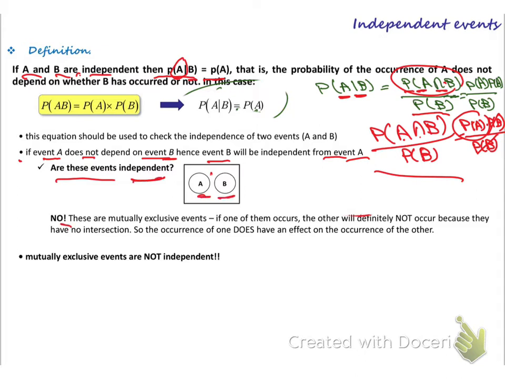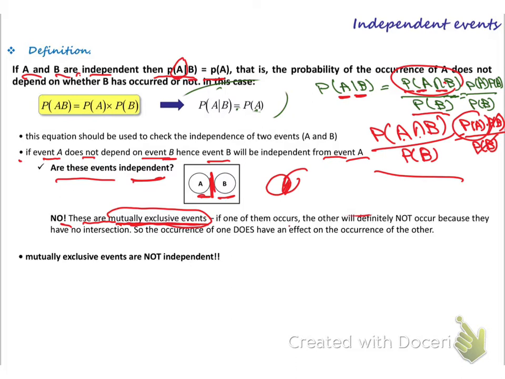Why? Because they are mutually exclusive. Mutually exclusive means disjoint: there is no joint, no overlap between them. They are called mutually exclusive, but they are not independent.